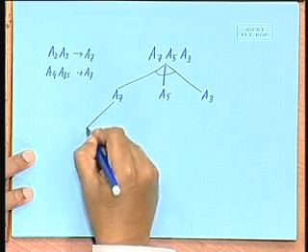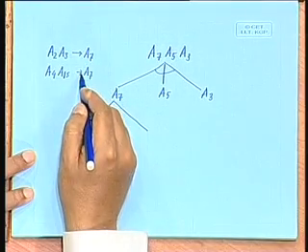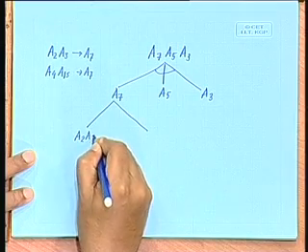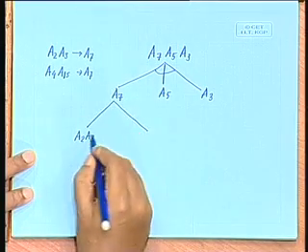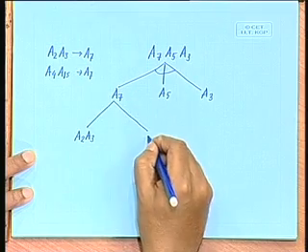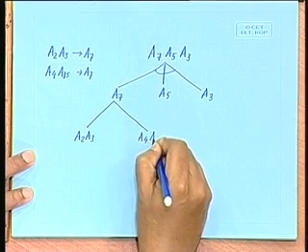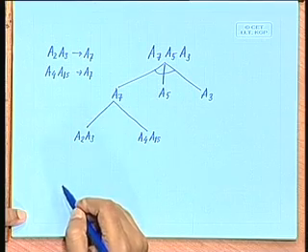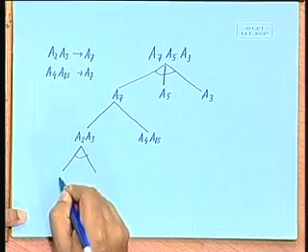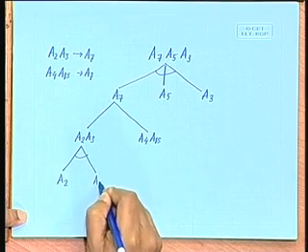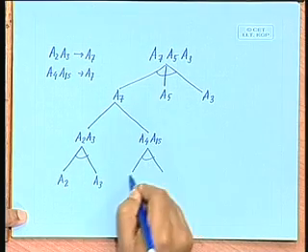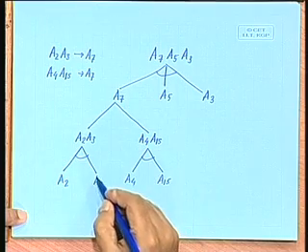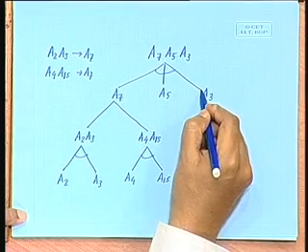Now, here I have an OR node, one for this rule, one for this. If I choose this rule, then I will have to solve A2, A3. If I choose this rule, then I will have to solve A4, A15. What do I mean by solve? I have to see whether these can be deduced from the knowledge base. So, again this is an AND of A2 and A3, and this is an AND of A4 and A15, and this is actually a graph because you see this A3 and this A3 are the same node.